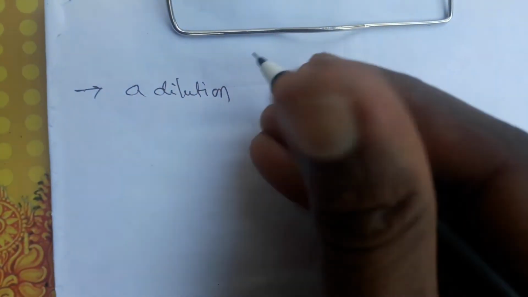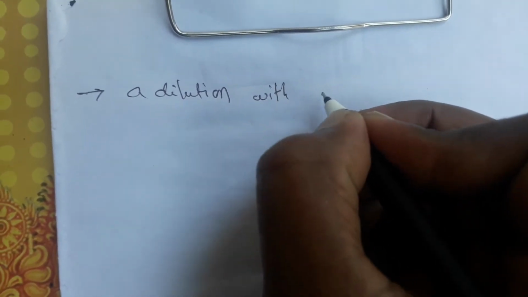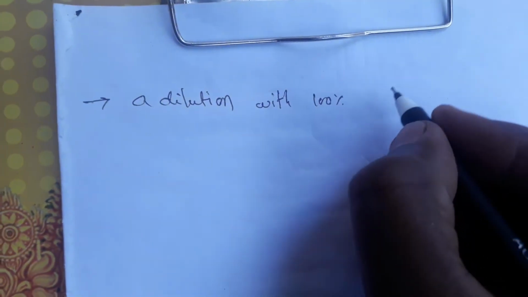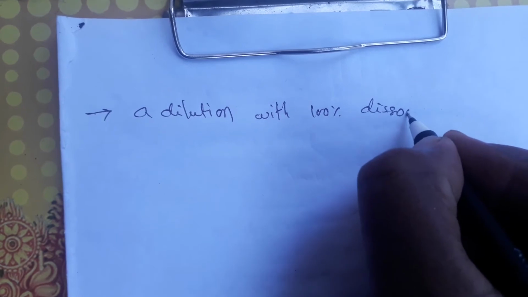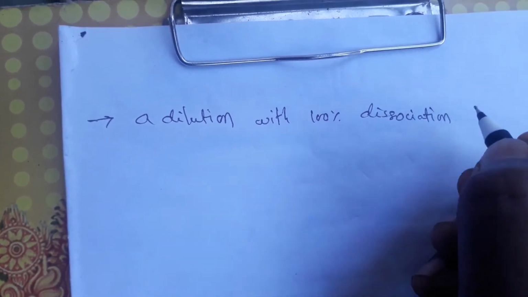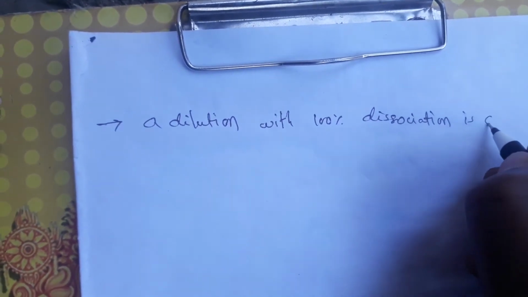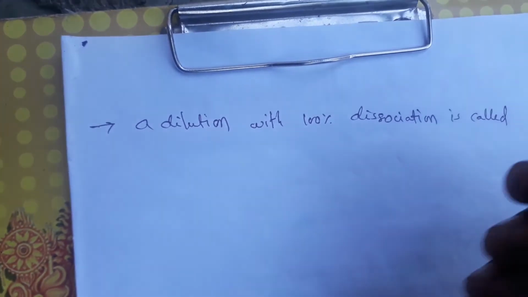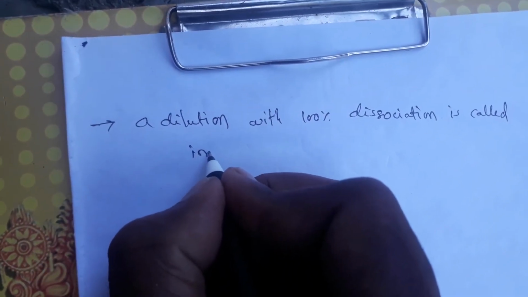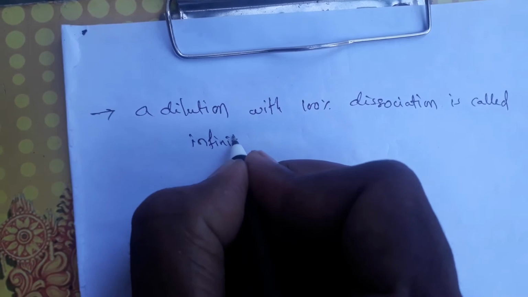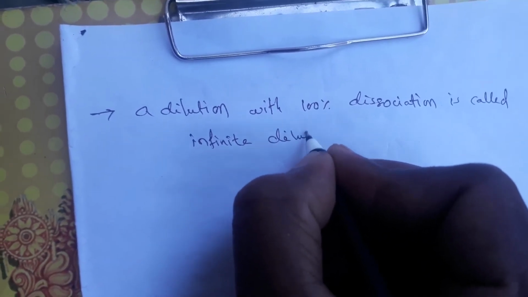So you know what infinite dilution is? Infinite dilution means a dilution with 100% dissociation. 100% dissociation is called infinite dilution. Simple it is.